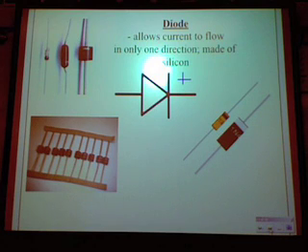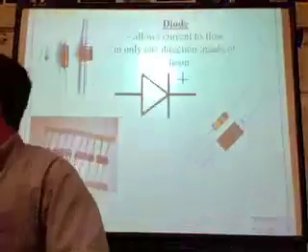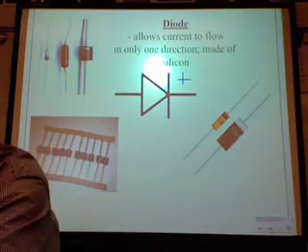So, for a diode, again, what you're looking for, the telltale signs are that it may be this black material, it may not be, but it will have some indication about which one's positive and which one's negative.